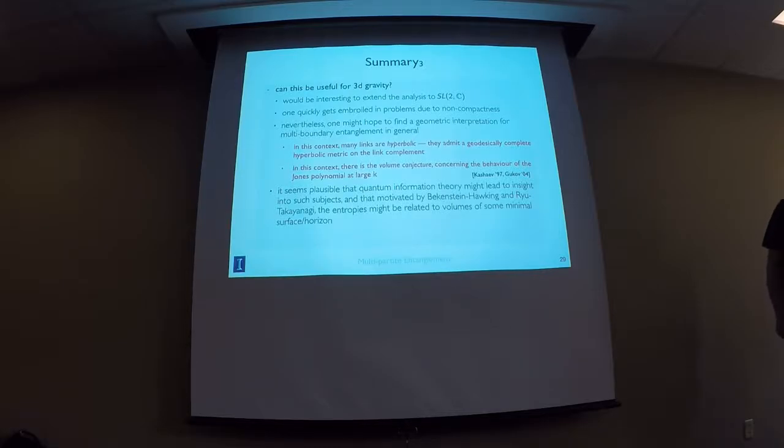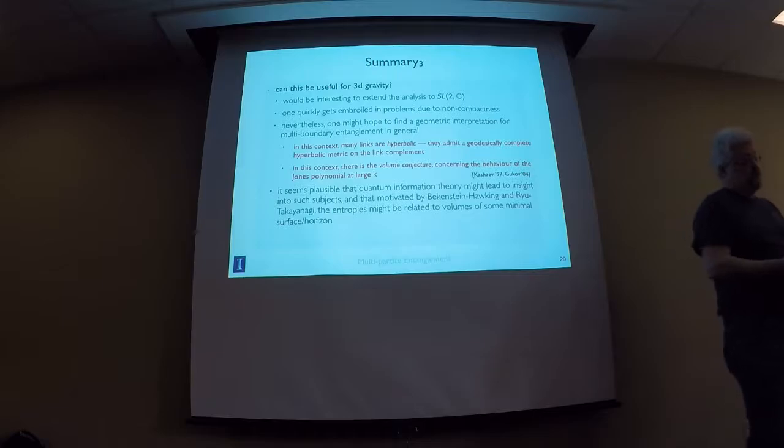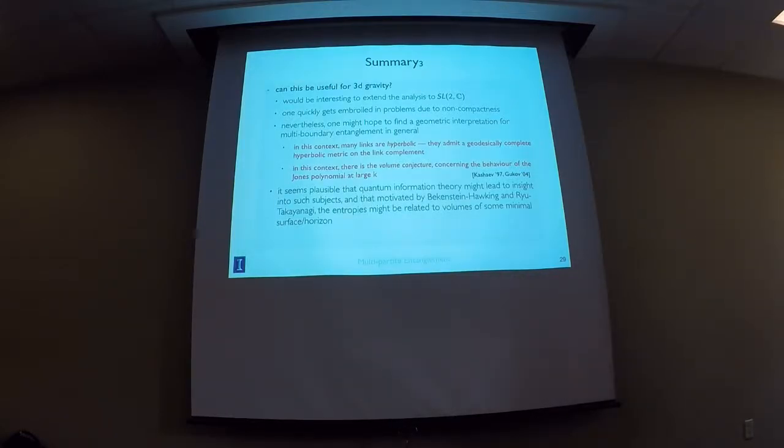Okay, since this is a string theory crowd, I think it's natural to ask, can these sorts of things be useful in 3D gravity? In other words, I have in mind here talking about a Chern-Simons theory that's related to 3D quantum gravity in some way.